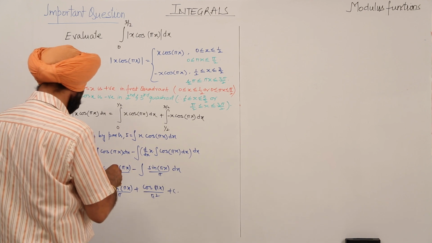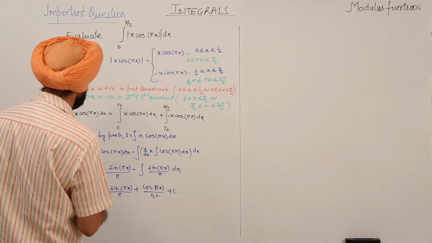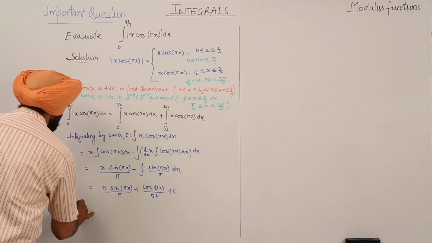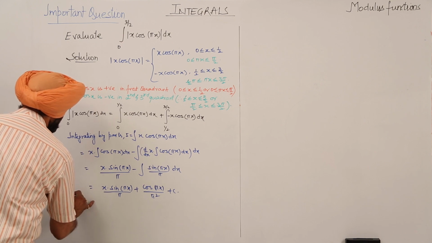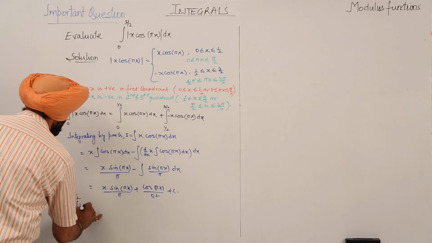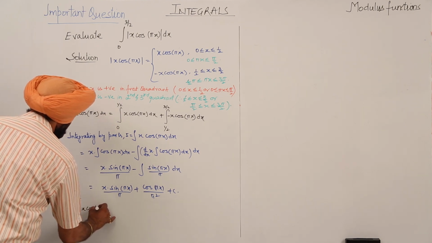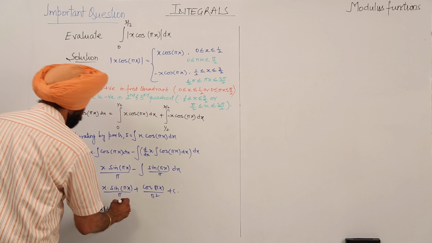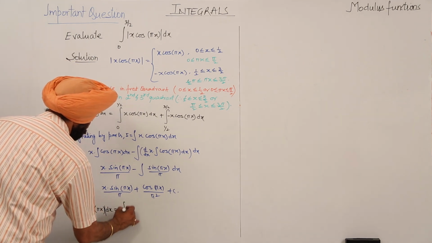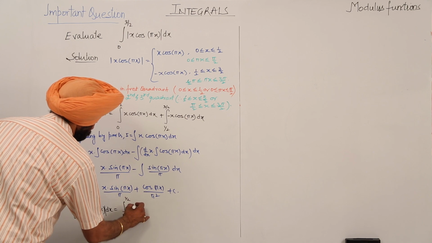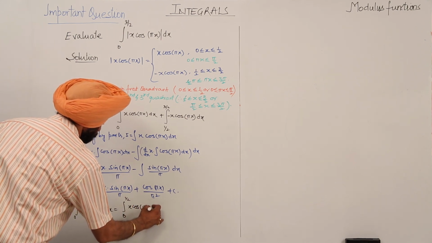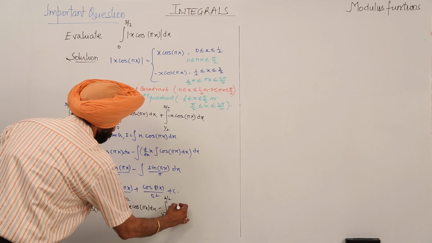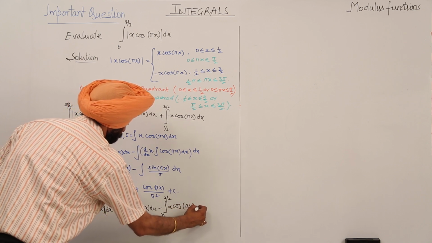Okay. So now what we are having is the integral from 0 to 3/2 of x cos pi x dx equal to the integral from 0 to 1/2 of x cos pi x dx minus the integral from 1/2 to 3/2 of x cos pi x dx.